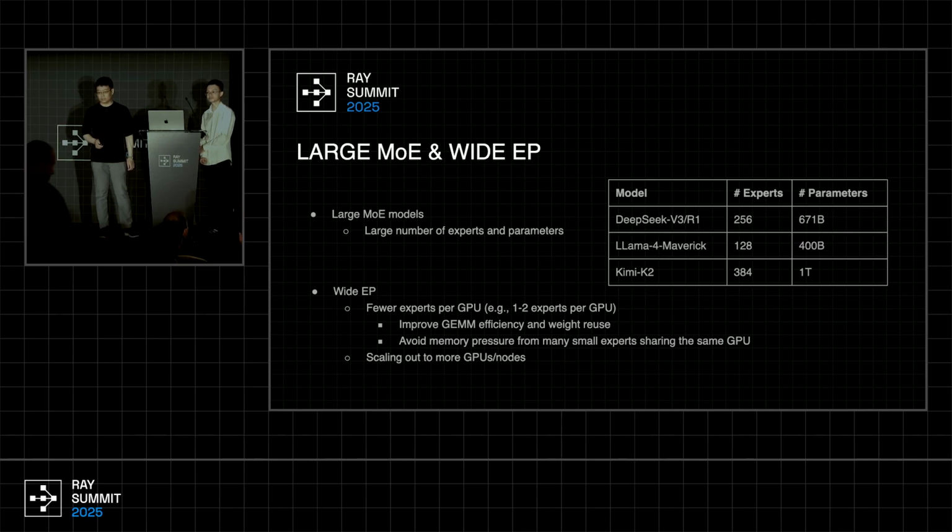Usually, this is just 1 to 2 experts per GPU. And with this, it improves the GEMM efficiency and weight reuse, and it avoids the memory pressure from many small experts when they are sharing the same GPU. With wide EP, we're essentially scaling out to more GPUs and nodes.